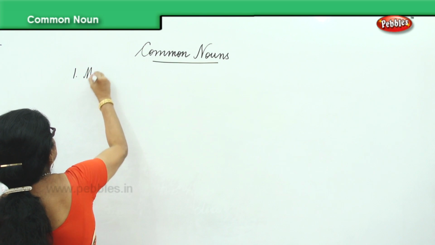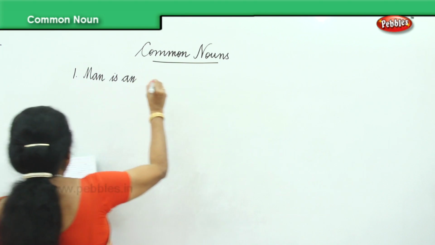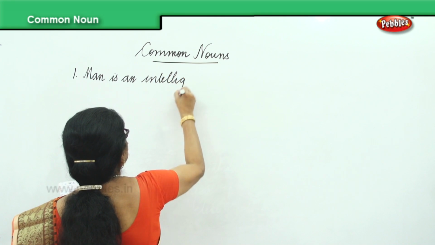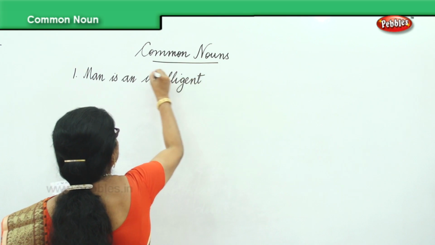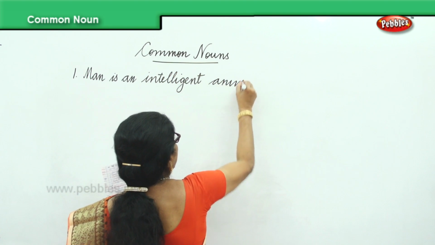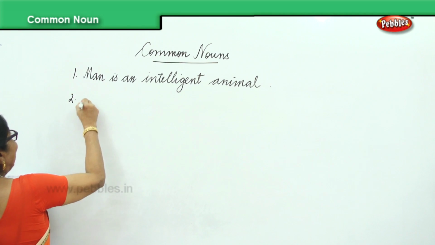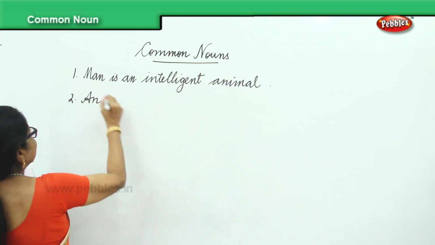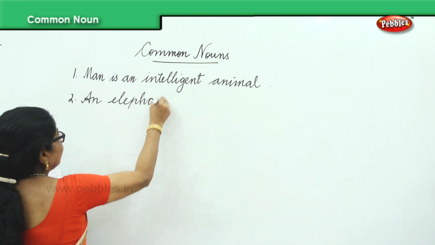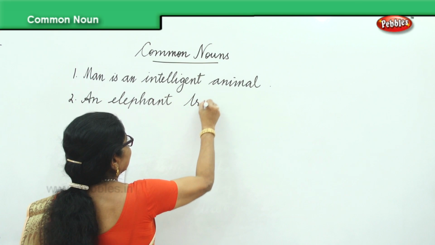Man is an intelligent animal. An elephant trumpets.